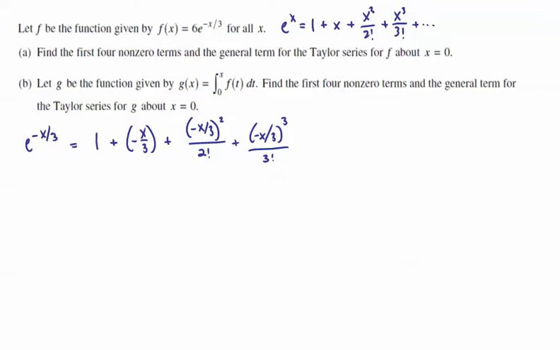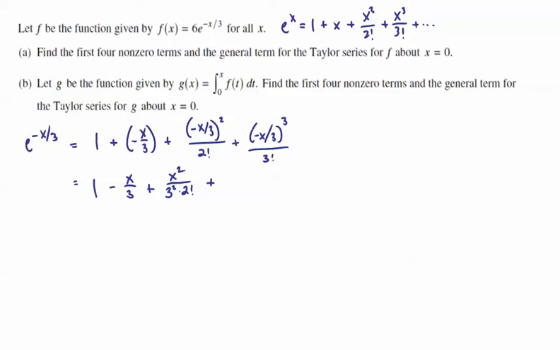And that is going to give us 1 minus x over 3, then plus, because it's squared, x squared over 3 squared times 2 factorial.